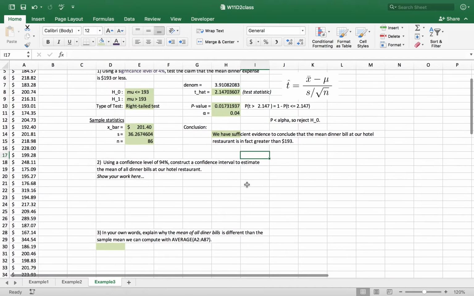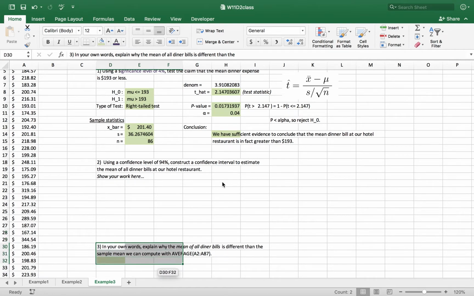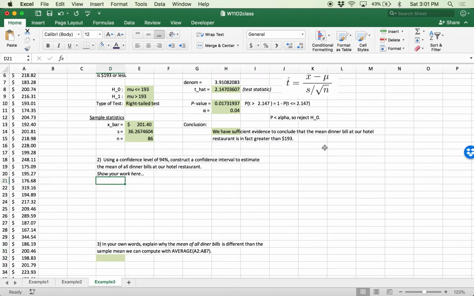Okay, in our next problem, we want to compute our confidence interval. So if you haven't already attempted this, again, pause the video, do some self-testing here, see if you can create the confidence interval for the mean dinner bill at this hotel restaurant.